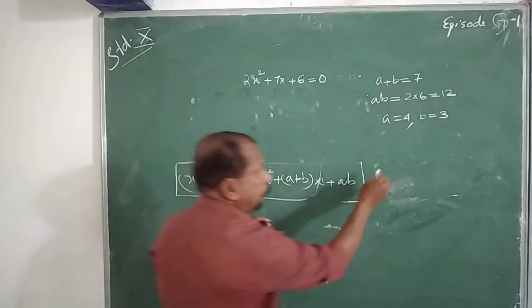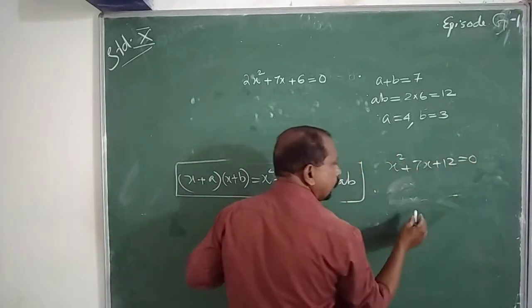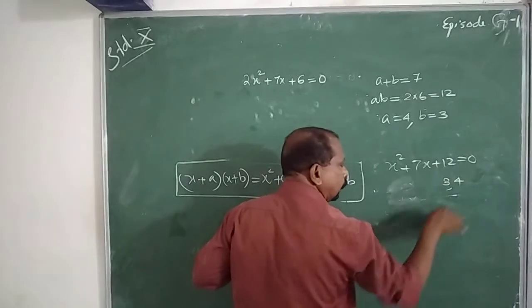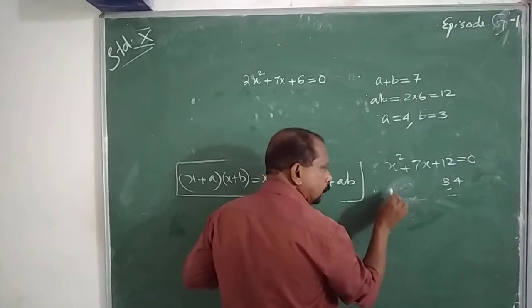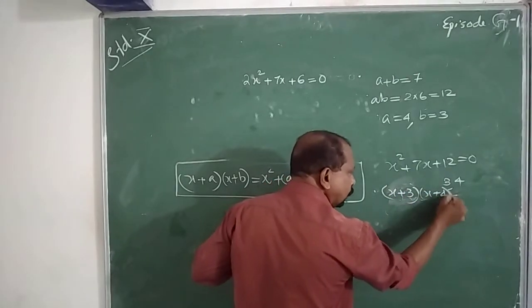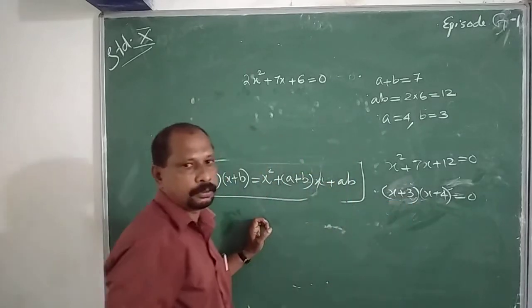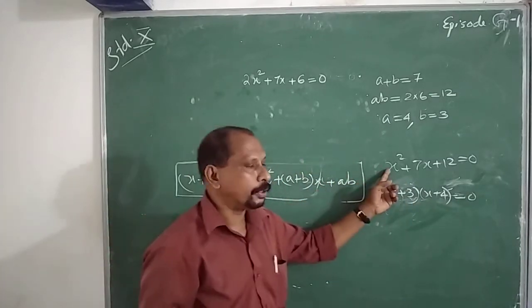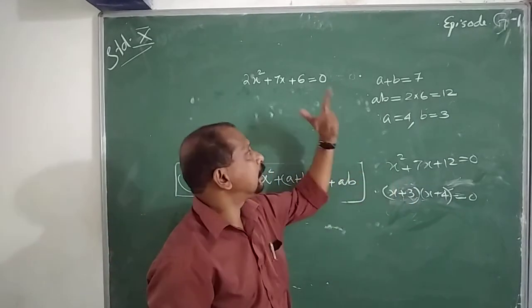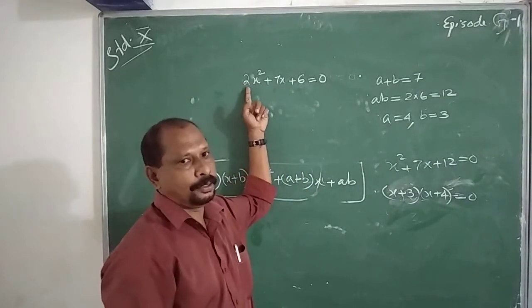Similarly, for example, x square plus 7x plus 12 is equal to 0. We know that 3 and 4 are the values. Therefore, x plus 3 into x plus 4 is equal to 0, we can directly factorize this equation, because the coefficient of x square is 1. But in this example, the coefficient of x square is not equal to 1.